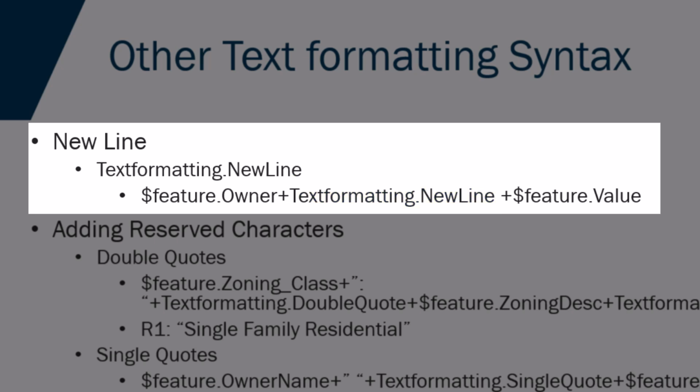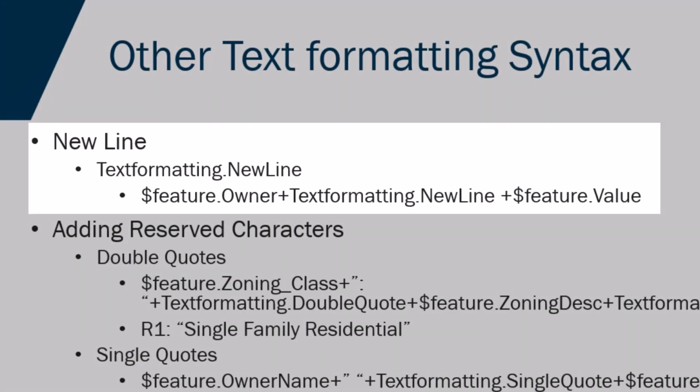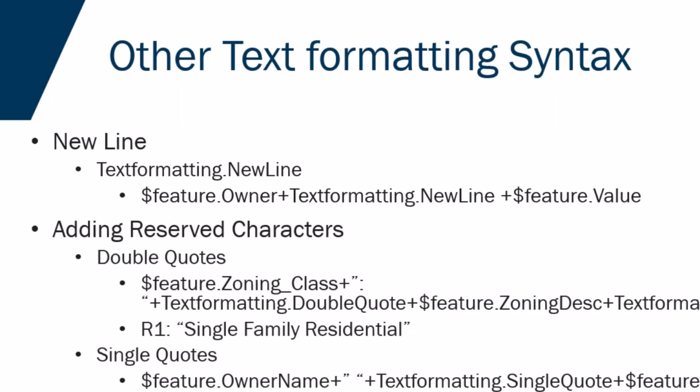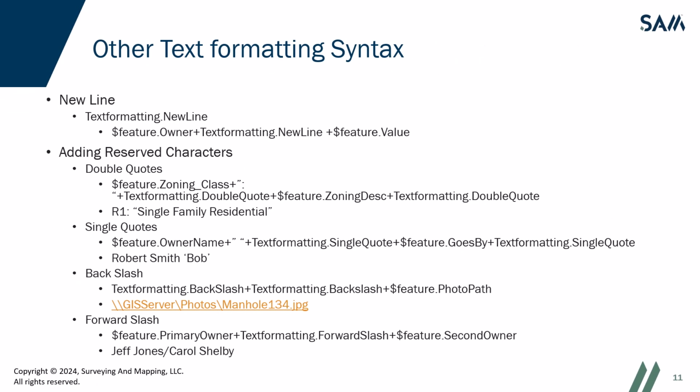One thing that you do need to remember when you're trying to format text is what label engine are you using within ArcGIS? Remember that ArcGIS has two labeling engines. One is the standard label engine, the other is the Maplex label engine.